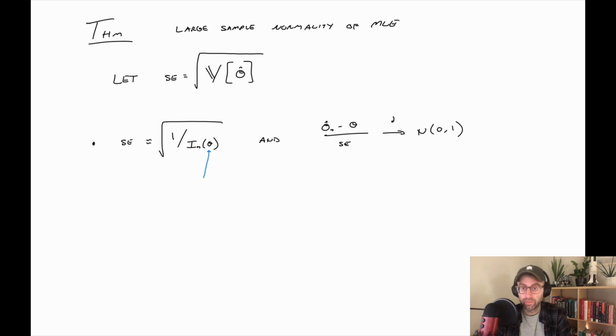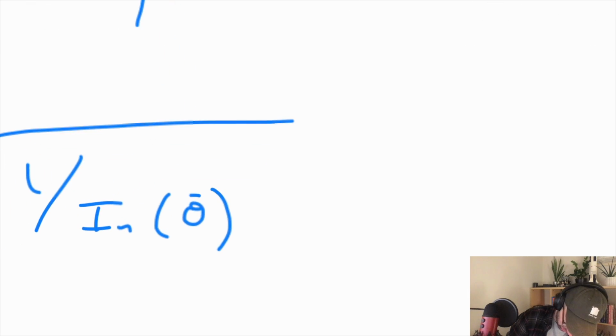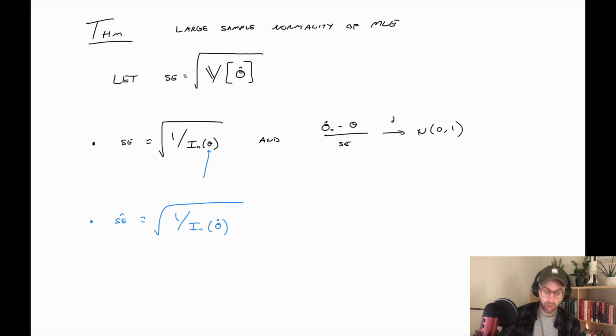So it turns out that if we simply plug in the MLE for that parameter, we get the estimated standard error, which is approximately this. It's not a great hat. That's a better hat. Okay, and we get something like this.